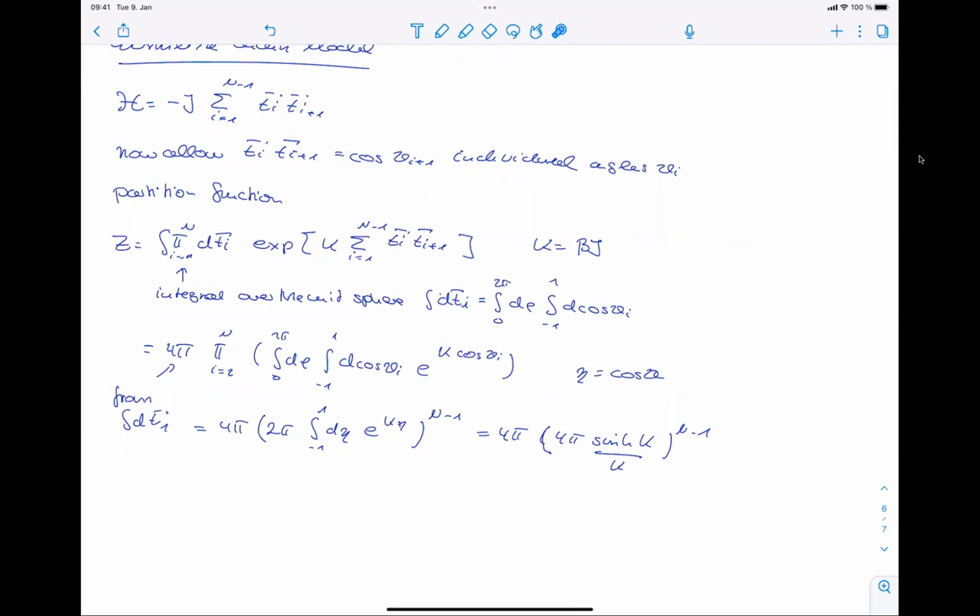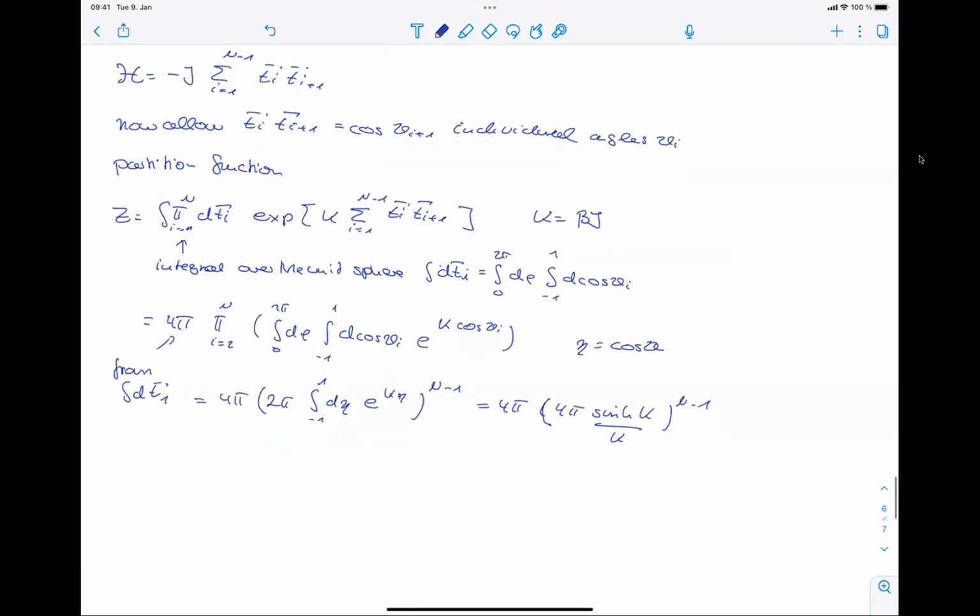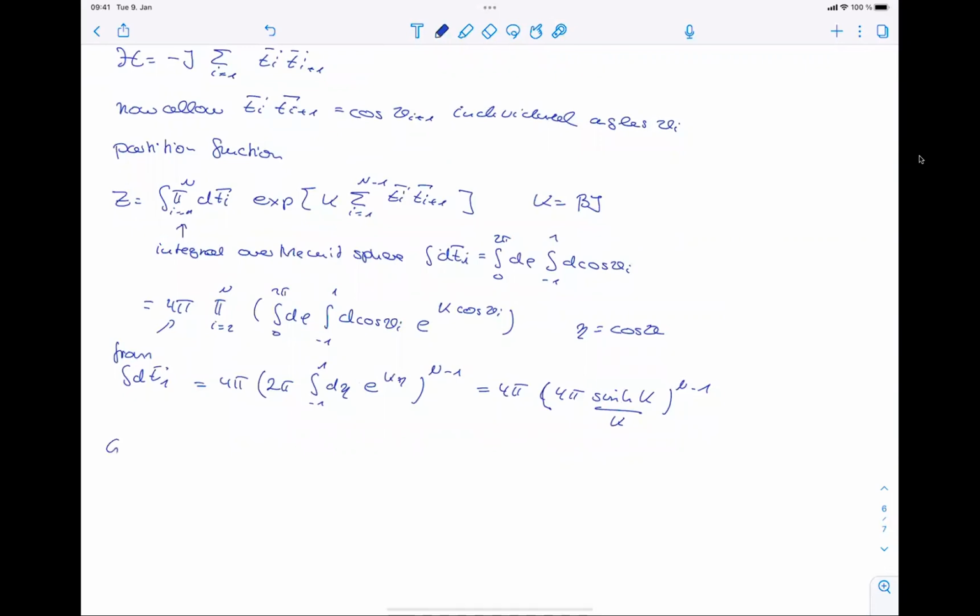Why? Well, that's kind of a trick, because what I can then do eventually, if I want to calculate tangent-tangent correlations, is that I can take the derivative of the partition function or the free energy with respect to these individual interaction strengths k_i to get these T_i down from the exponent. So that's the trick.